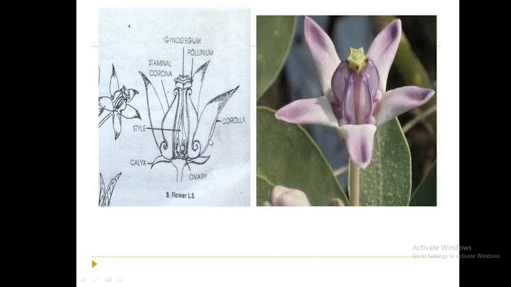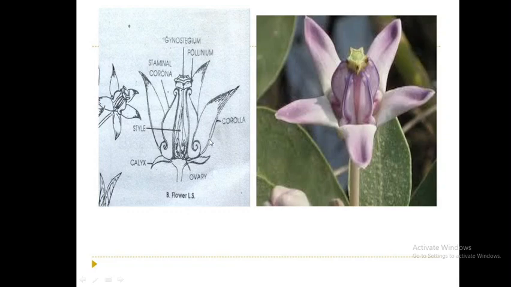Now, calyx in this family. The calyx consists of 5 sepals which are united below to form a short calyx tube. The lobes are tube-concealed, imbricate or valvate in bud.